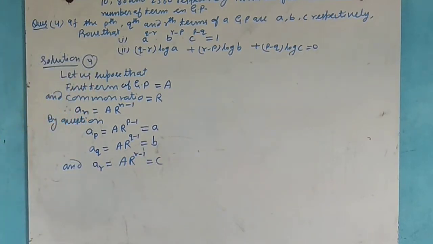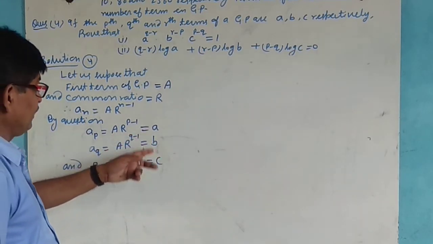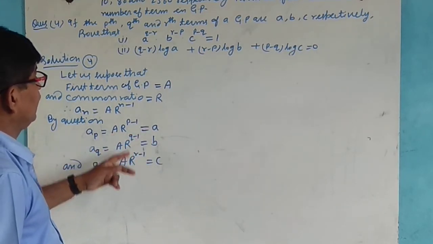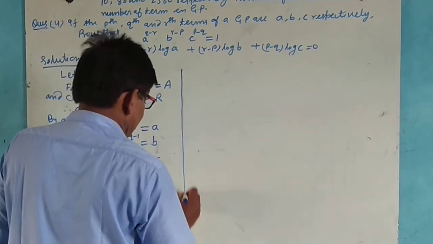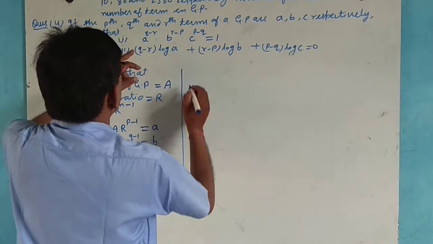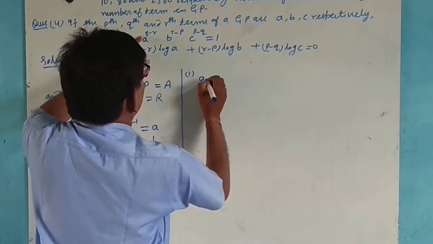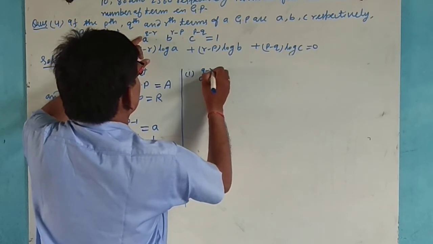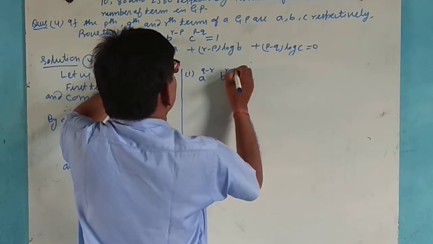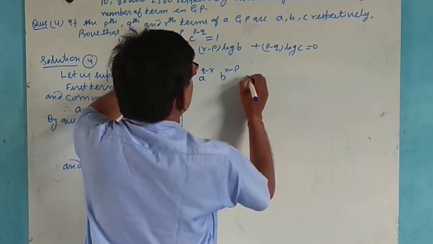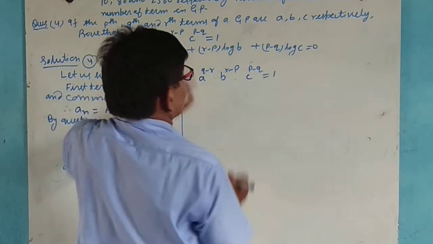Now here we are given the values of a, b, c in terms of A and R. Now we have to show that a to the power q minus r, b to the power r minus p, into c to the power p minus q equals 1.